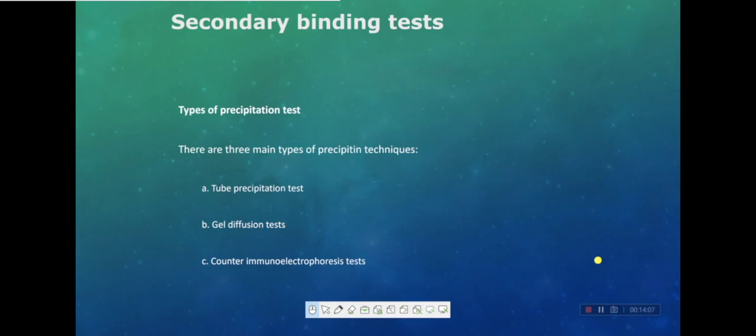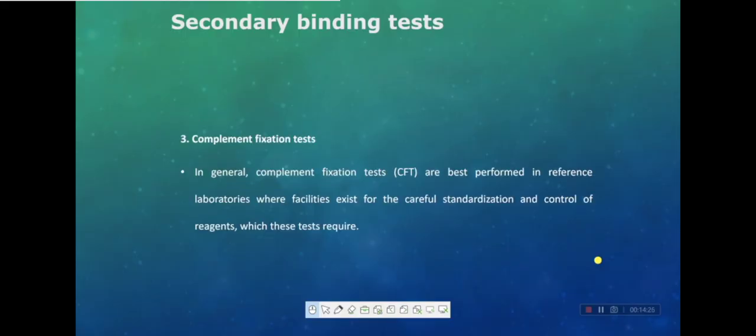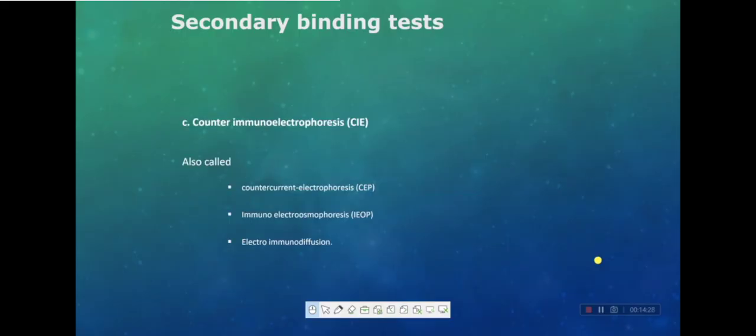All right. Now talking about the counter immunoelectrophoresis test. The counter immunoelectrophoresis test is also called counter current electrophoresis, immunoelectroosmophoresis, or electroimmunodiffusion. Right. So what happens in this test? In this kind of test, electrophoresis is used to increase the speed with which the antigen and antibody travel in the agar gel.